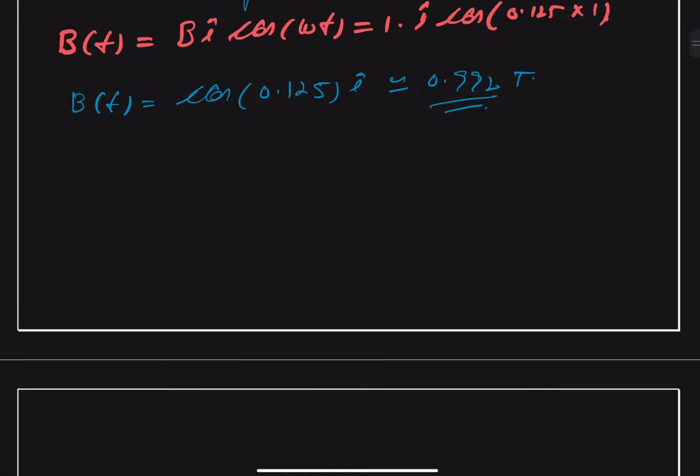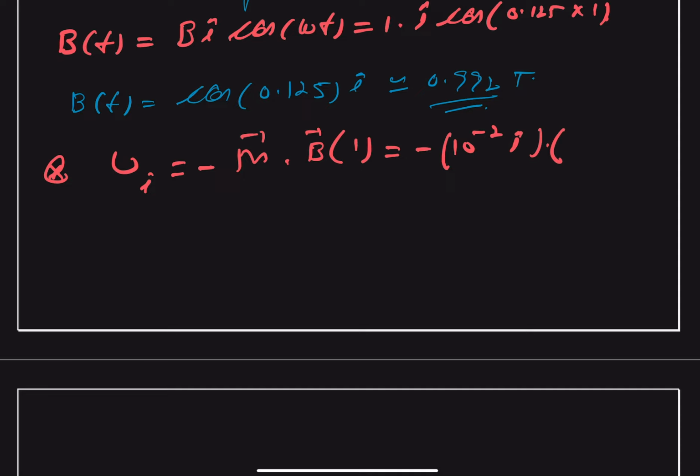Now we can find out our initial energy. That is, our Ui will be equal to minus m dot B, the magnetic field at time 1 second. Magnetic moment we already know is 10 to the power minus 2, and this is also I unit vector, and we have this as 0.992, and this is also I unit vector.